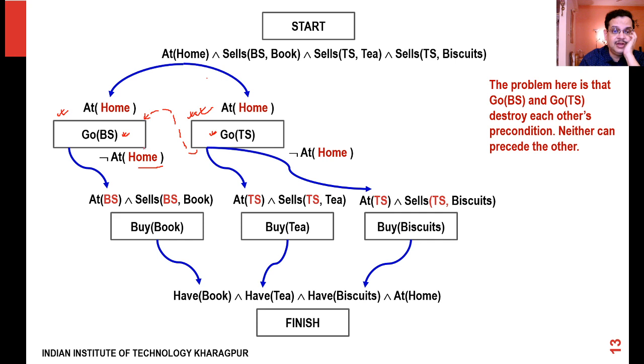So by a similar reasoning, I need to now put an ordering constraint like this. Now after you add these two ordering constraints, then your check for a consistency of the plan will fail, because now you have a cycle of dependencies.